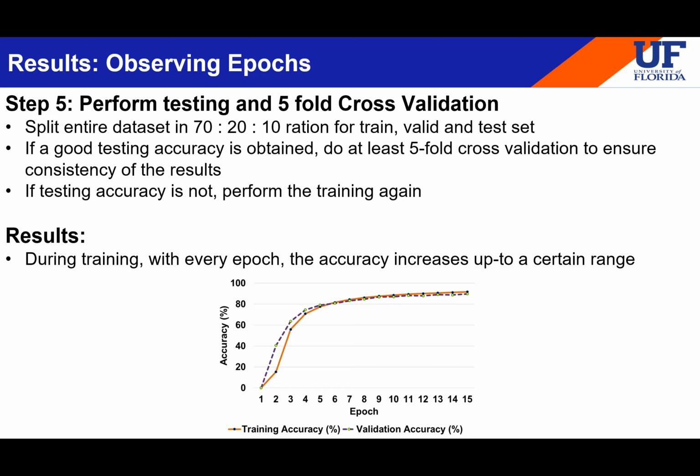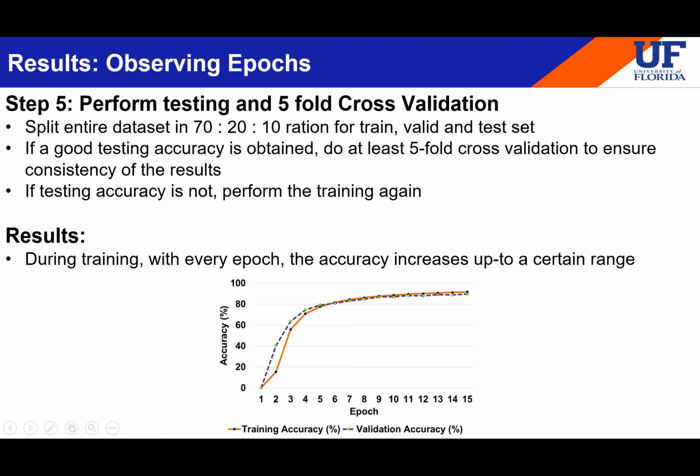But the first result which I wanted to show is the relation between epoch and the accuracy. Every time I changed the parameters, I allowed the model to be trained for multiple epochs, and I saw that with an increase of the epoch numbers the model was learning gradually.